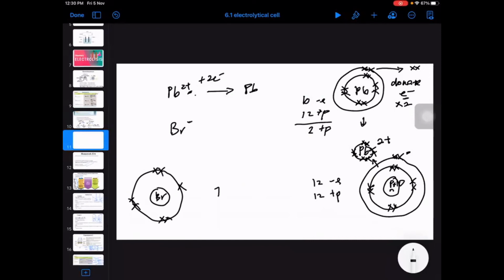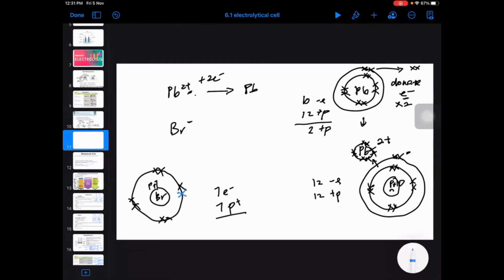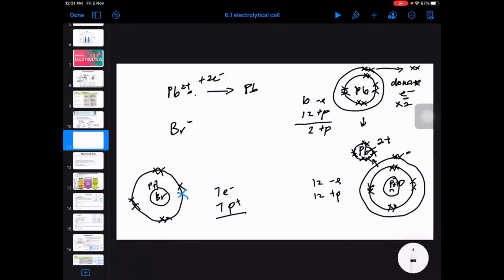It has 7 electron and proton also 7, so neutral, no charge, but it will get another electron from elsewhere. So now it becomes 8 electron but 7 proton. So it gets 1 extra electron, so it's a negative charge now.